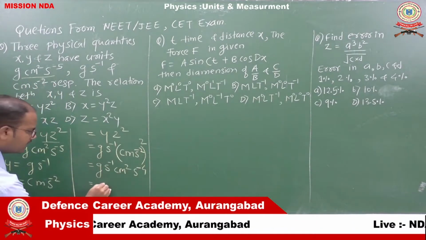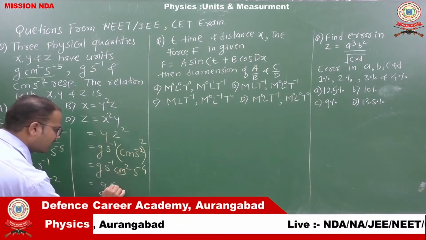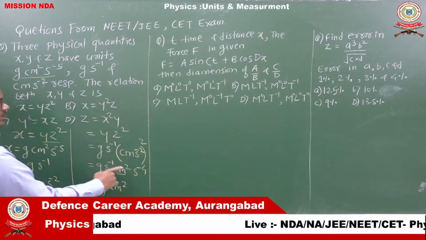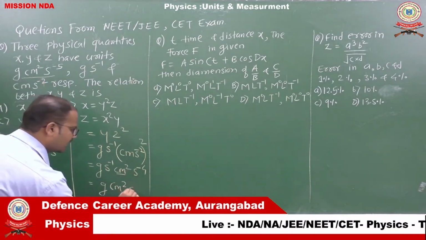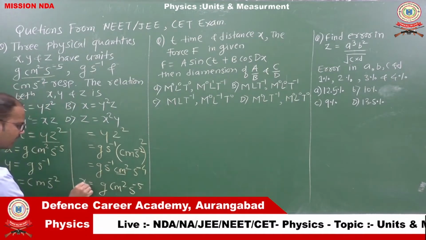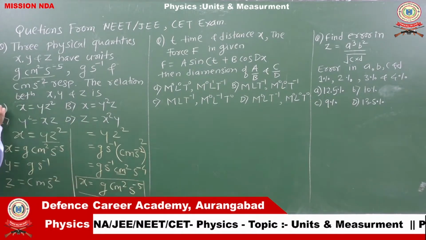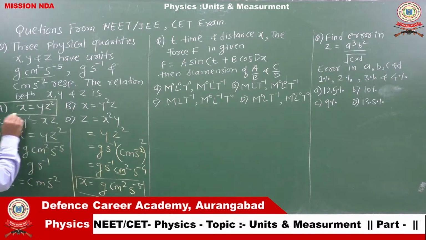So I will get gram centimeter square second to the power minus 1 and second to the power minus 4, that is second to the power minus 5, and exactly this is the unit of x. It means we say that option A is correct.